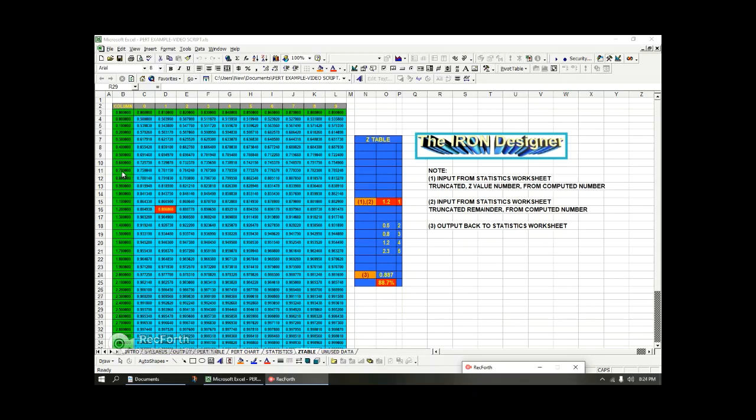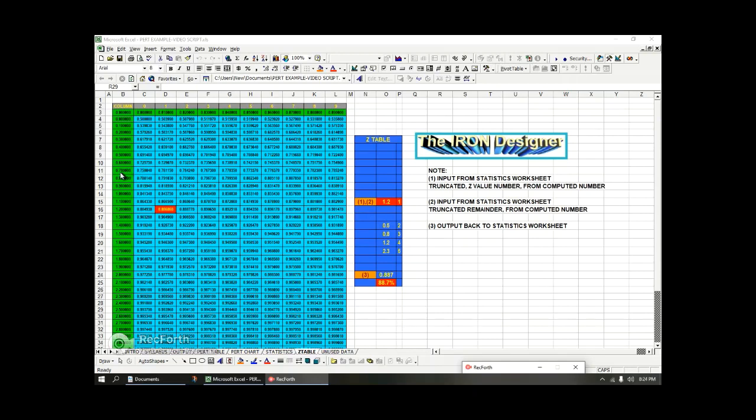If you look at the 0.7 row in the positive side of the Z table, not the negative side, we're just looking at the positive side, because we're hoping for greater percentages than 50%. That's why we're in the positive side of the Z table.